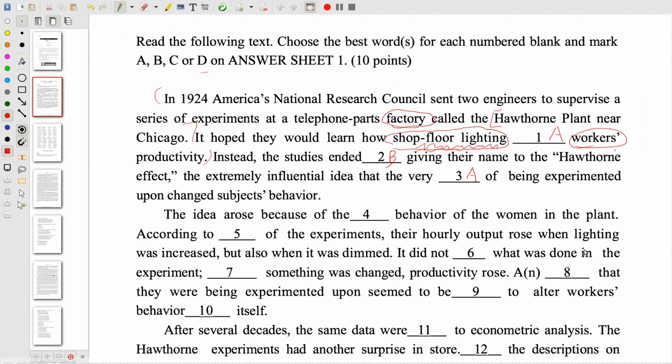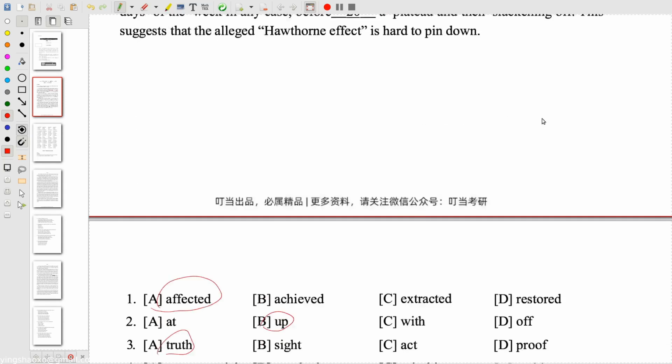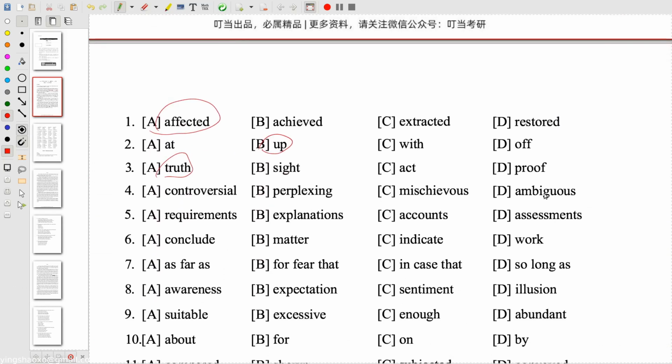I have no idea about that blank, so let's read along. According to whatever of the experiments, the hourly output rose when lighting was increased, but also when it was dimmed. Let's have a look at blank 5.